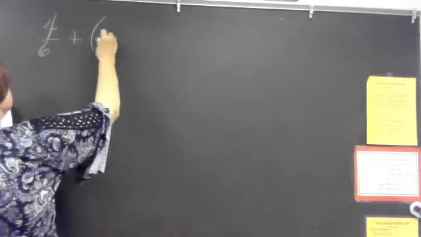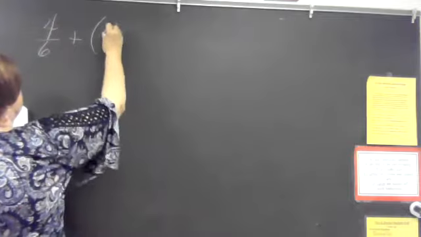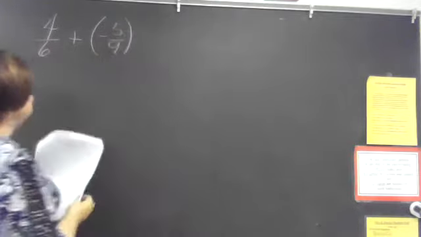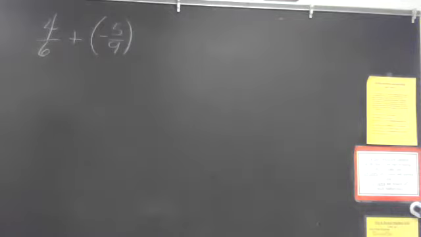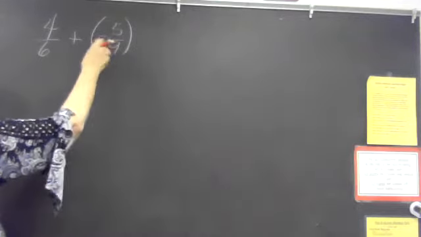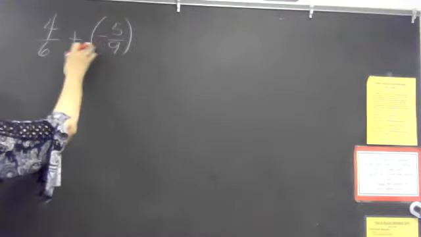All right, I'm going to do number 1, and we're going to apply the things that we found out from yesterday. So we have 4/6 plus, and they put this in parentheses, 5/9. Those parentheses are just for emphasis and for clarity. It's just because it was a negative and they want to make sure that you see that negative away from this positive.